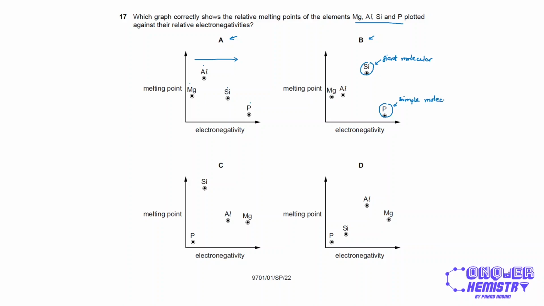And magnesium and aluminium obviously will have melting points that are in between them because they are both metals, right? They both have metallic structures, giant metallic. And so it's option B that gives the correct trends in both properties across these four elements.